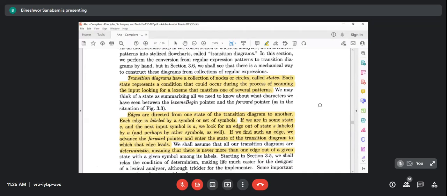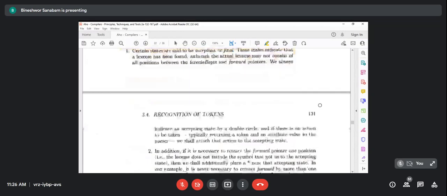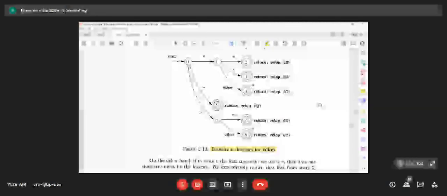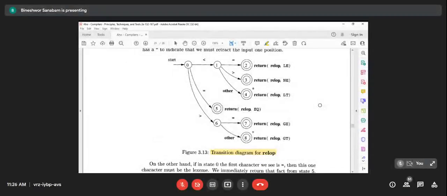So let's see an example over here. This is the transition diagram for the relational operators. Okay. As you know, whenever we have transition diagrams, you will have this circle type, then you have this double circle to tell that it corresponds to some particular token or it's the end of something that matches some token.